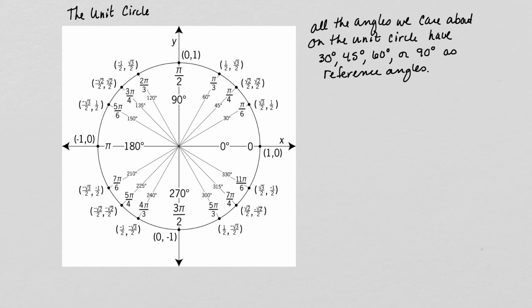Again, on the unit circle, r equals 1. So as we said before, the sine of theta is just going to be the y value, and the cosine of theta is just going to be the x value. And unfortunately, you just have to memorize the unit circle.